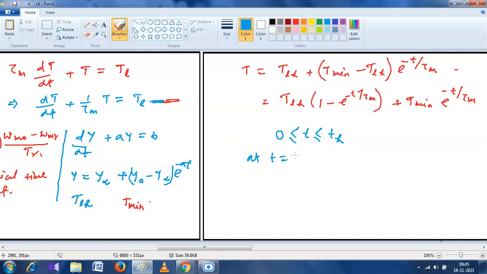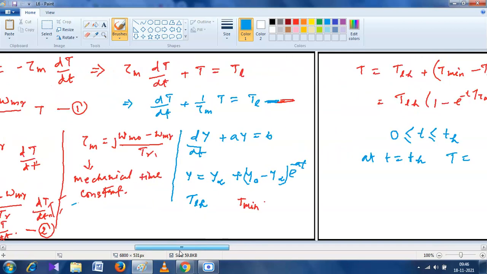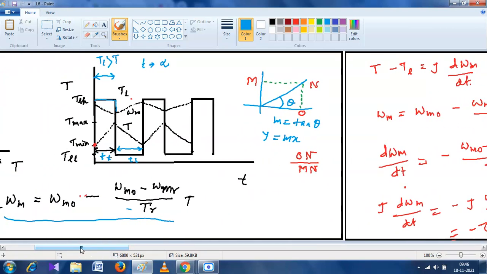At t is equal to t_H, what is the value of capital T? t_H शुरू हुआ है यहाँ से, जब t_H खत्म हुआ, यहाँ खत्म हुआ। What is the value of T at that point? T max.